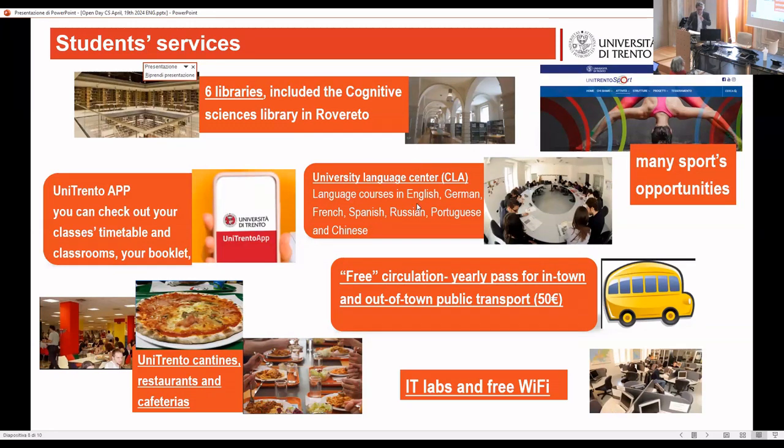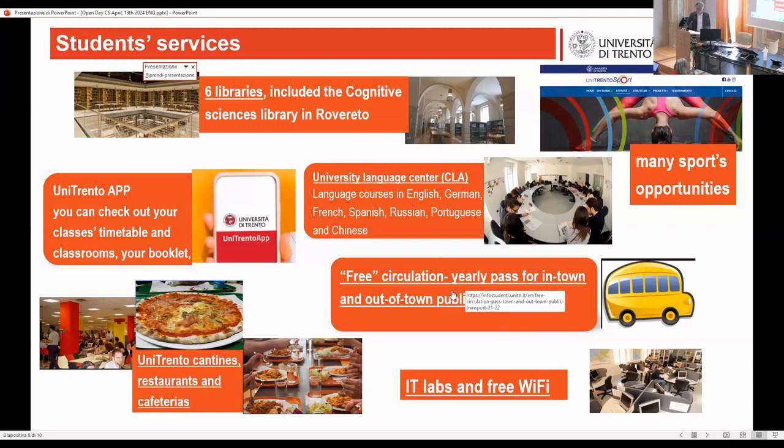Our language center, where you can take exams and attend courses in English, of course, but also German, French, Spanish, if you're interested. The Unitrento app is used by our students to check class timetables, classrooms, record books, exams.